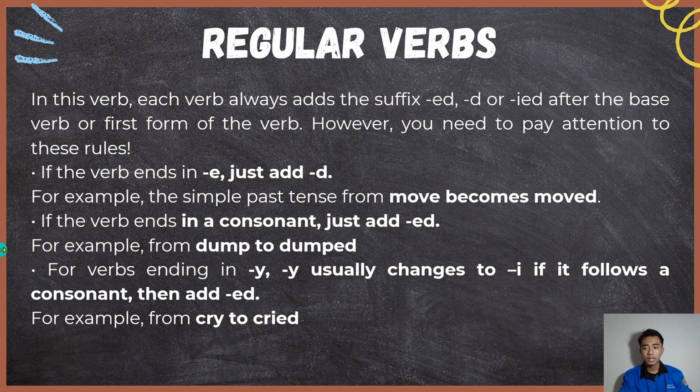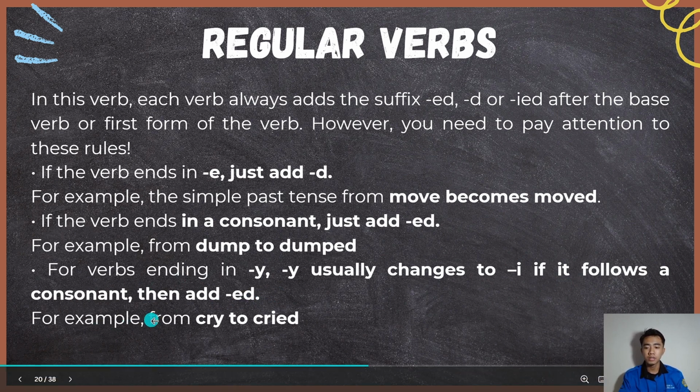And then if the verb ends in a consonant, just add ed. For example, from dump to dumped. And verbs ending in y usually change to i if it follows a consonant, then add ed. For example, from cry to cried. Y changes to i plus ed.